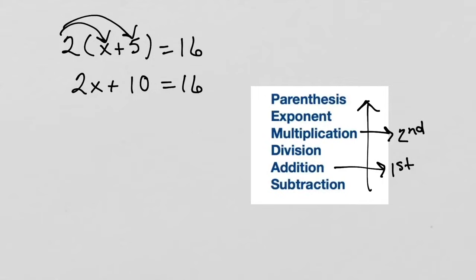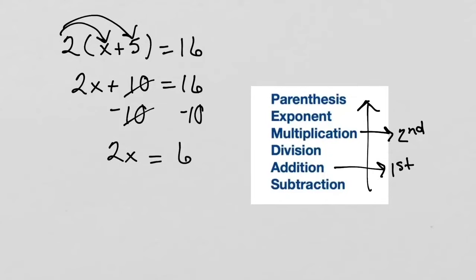We get rid of the plus 10 by subtracting 10 from both sides. The 10 will cancel out. 16 minus 10 is 6. So we have 2x equals 6.